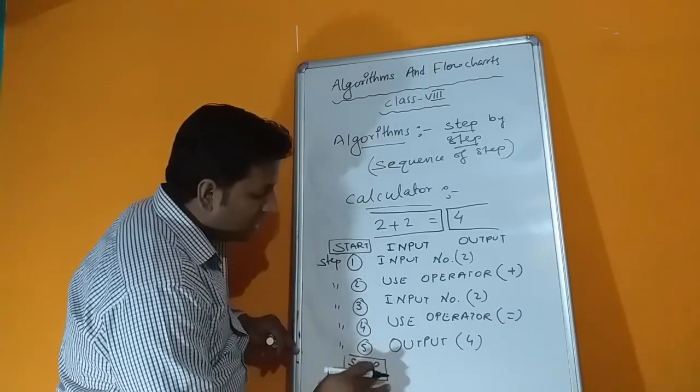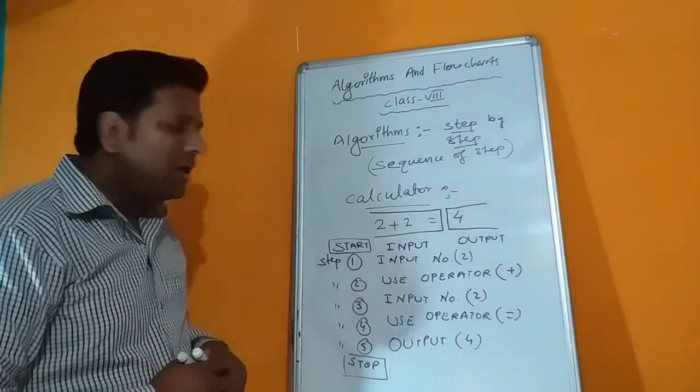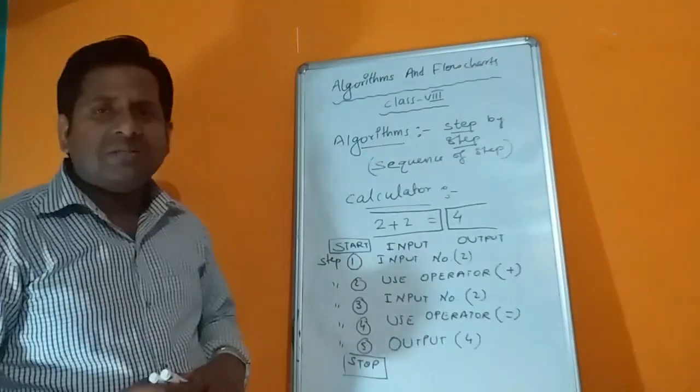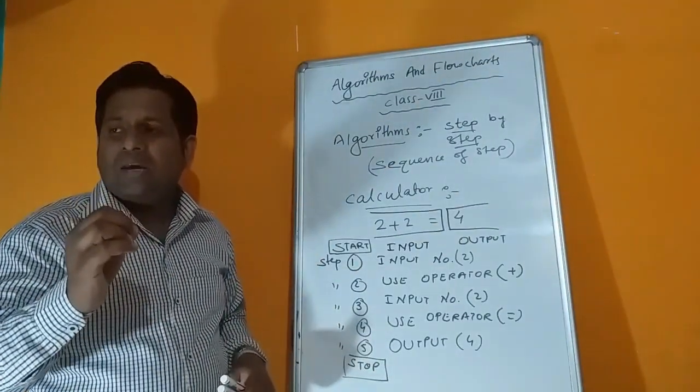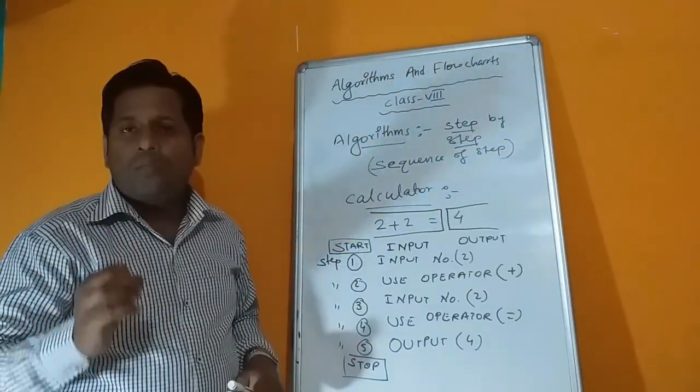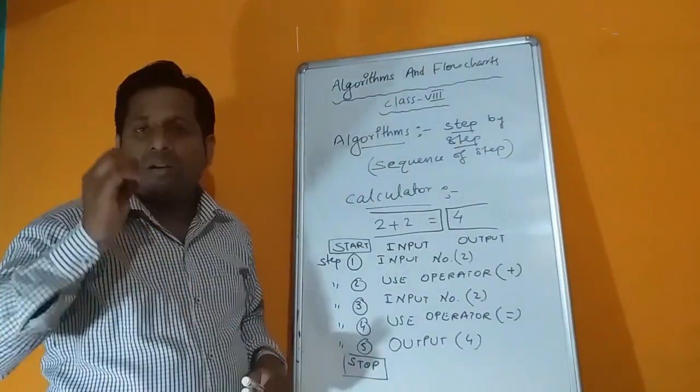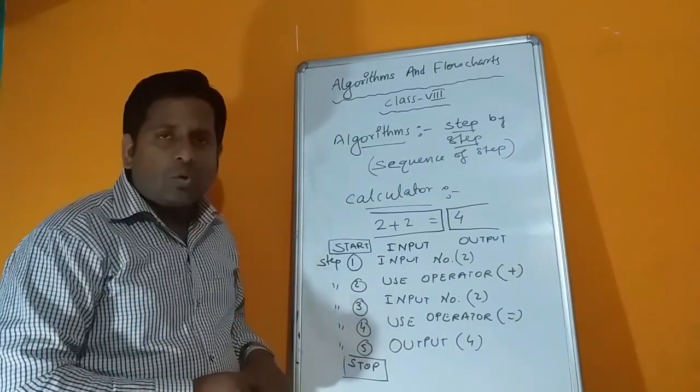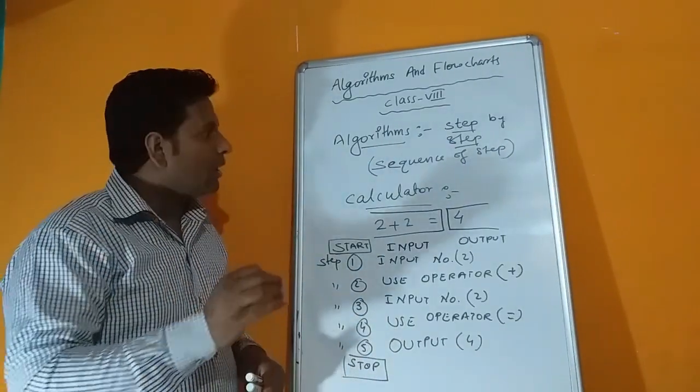In the middle we have a sequence of instructions or steps which should be followed in a proper way without missing a single step. So this is an algorithm. Is this clear, children? Okay, now see the next.